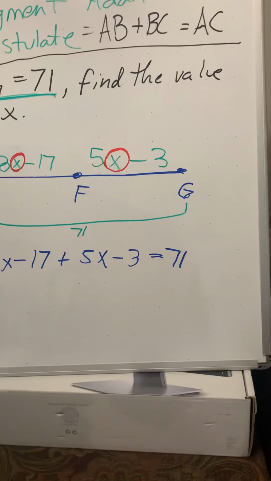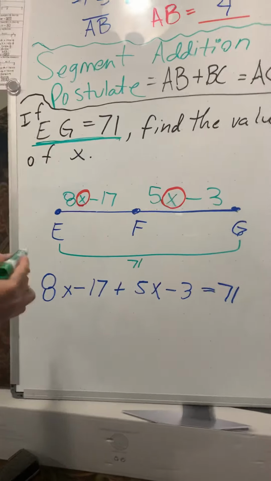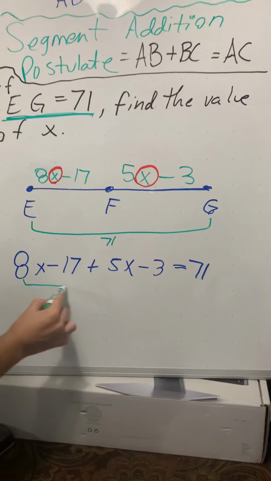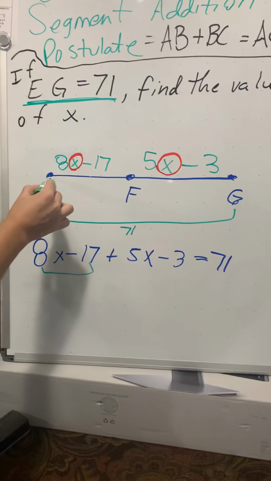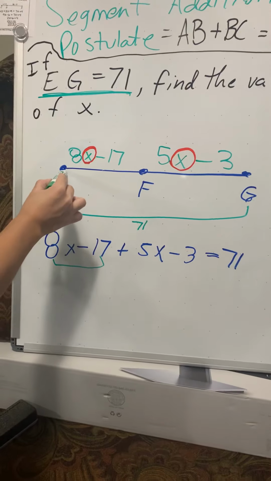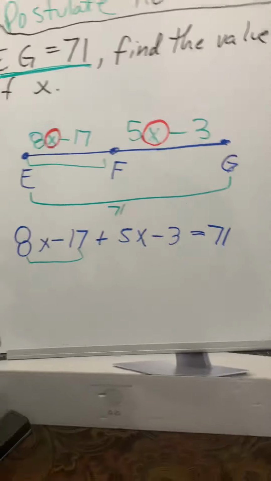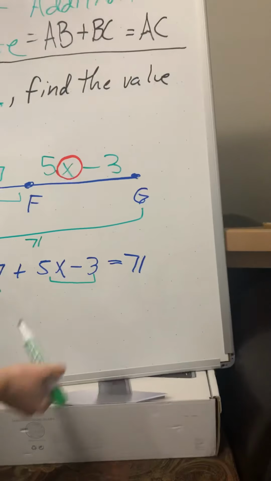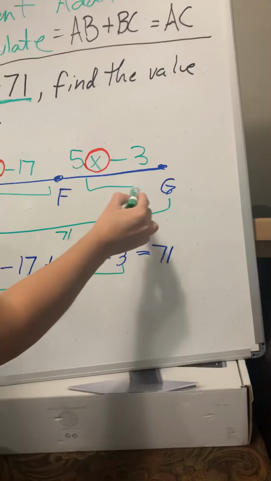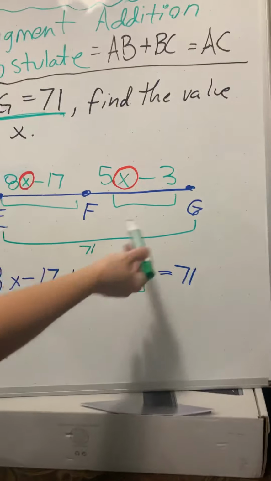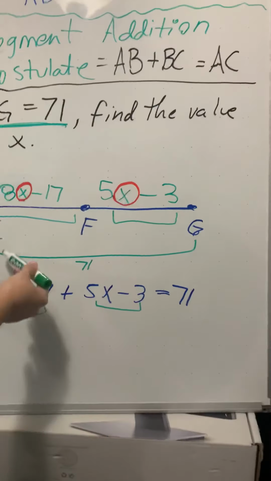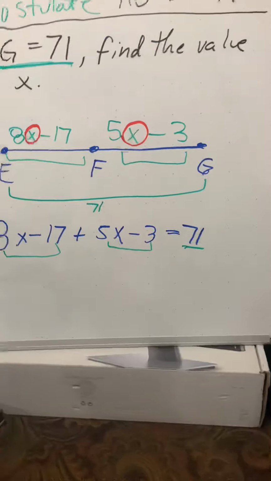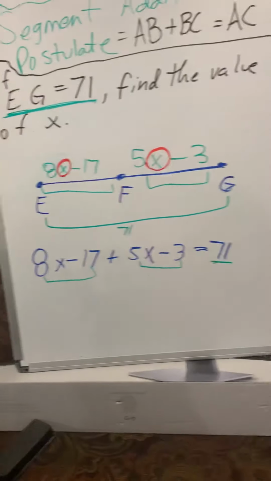So just so that we're clear on that one, we're gonna break it down a little bit. So 8X minus 17 is our part 1. This is our part 1, EF. 5X minus 3 is our part 2, which is FG. Those two parts we know total 71 because that was given to us already.